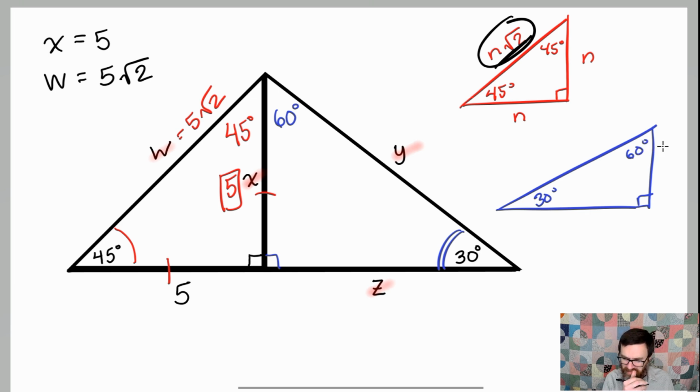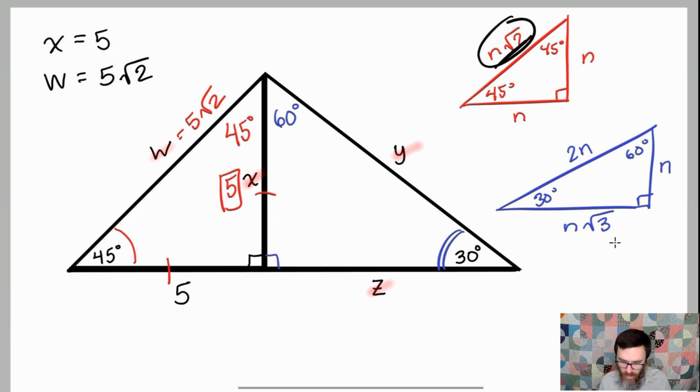You can write this triangle in many different ways. Sometimes people have the short side at the base and the hypotenuse over here or over here. It doesn't really matter. I tend to write mine like this. The shortest side is going to be n, the hypotenuse is going to be double that, and the remaining side is going to be n times the square root of 3.